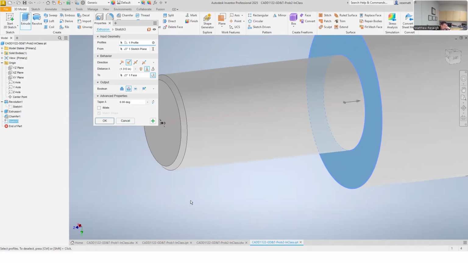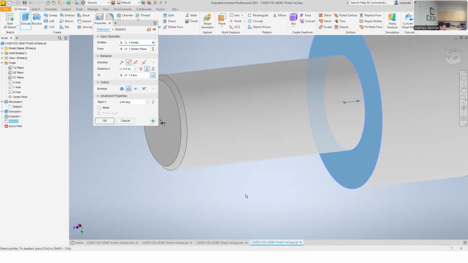Above and beyond that, that's how we're controlling its relationship to datum B. It's the orientation to datum B that we're controlling, right? Perpendicularity is an orientation control, so it's controlling the orientation of this axis to B, this particular feature.